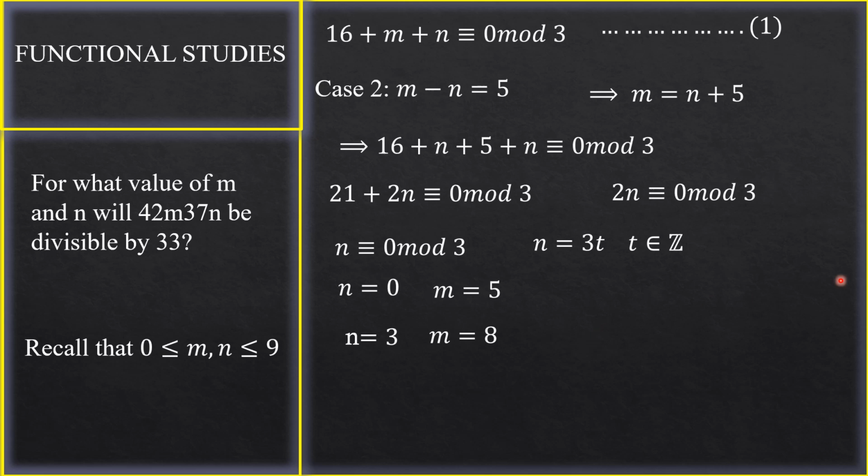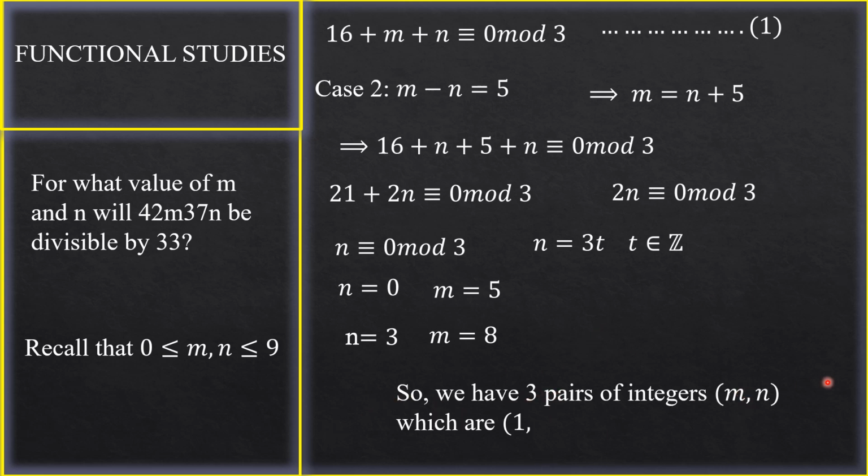So in that case, the only solution that we have, the 3 pairs of integers m and n. The first one we had when n was 7, m was 1, so we write it like that in that order. Then now this one, m is 5, n is 0, and m is 8, and n is 3. So these are the 3 possible solutions, 3 possible integers that can fit into this position and make this equation to be correct.